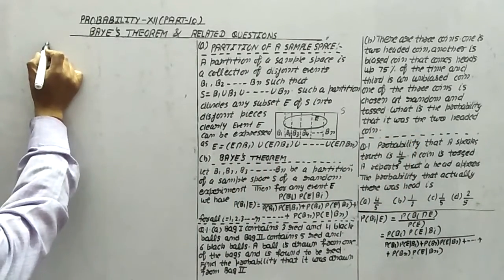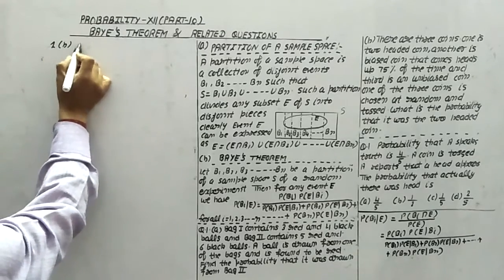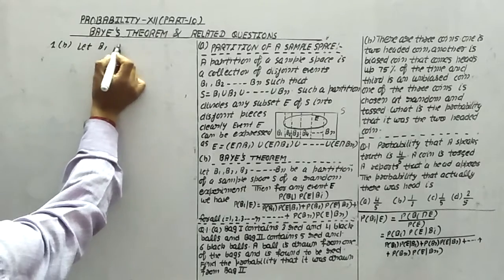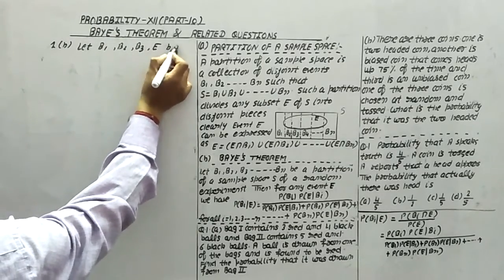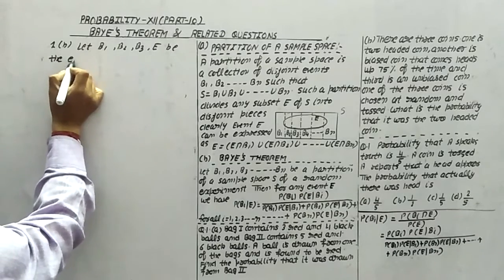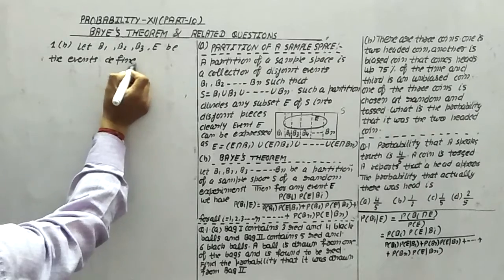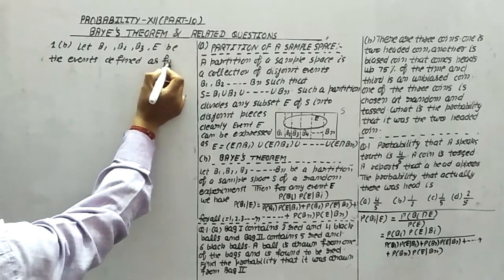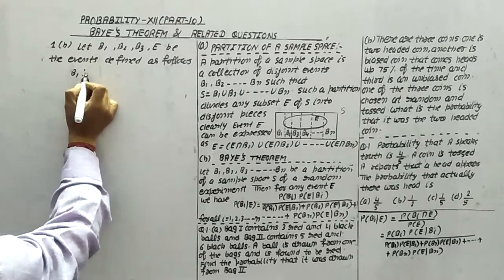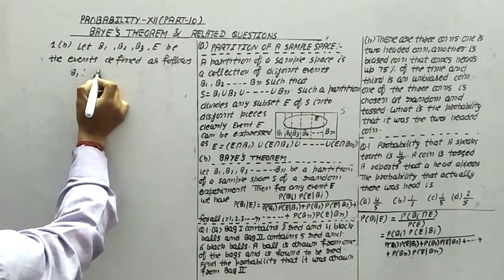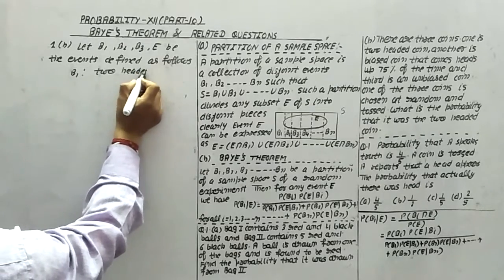So first of all, in question number first, B part, we will consider let B1, B2, B3 and E be the events defined as follows. Let us suppose B1 is the event that the two-headed coin is selected.